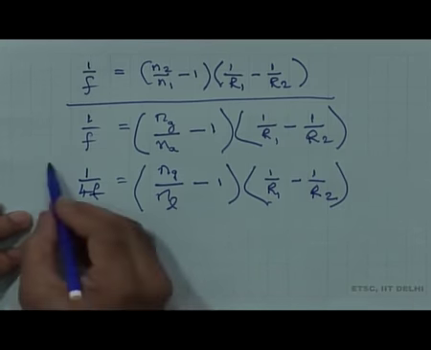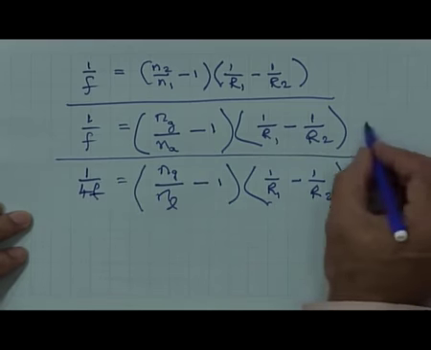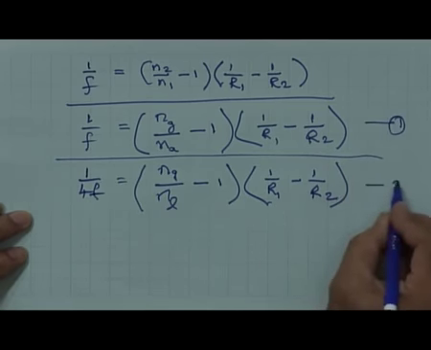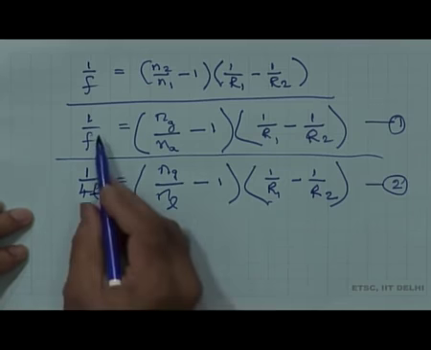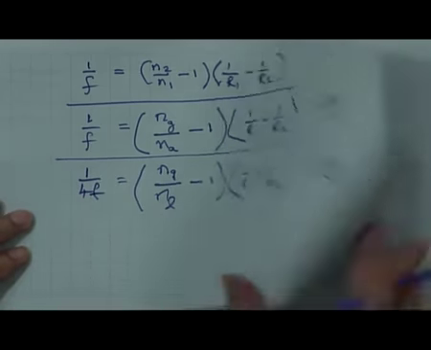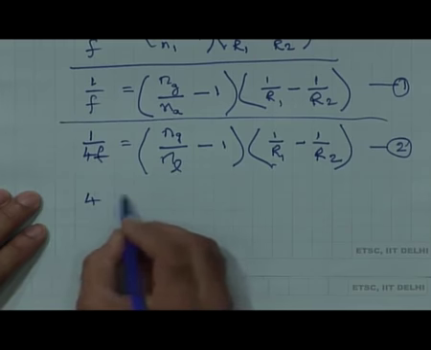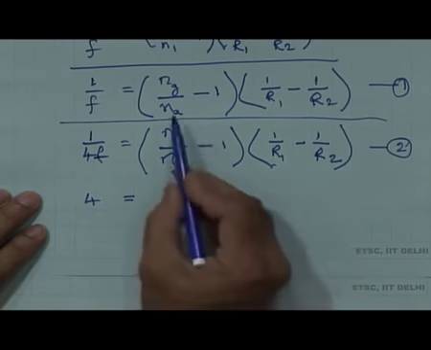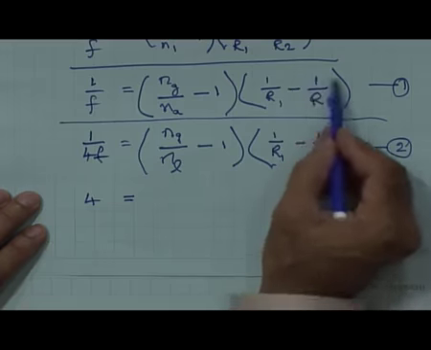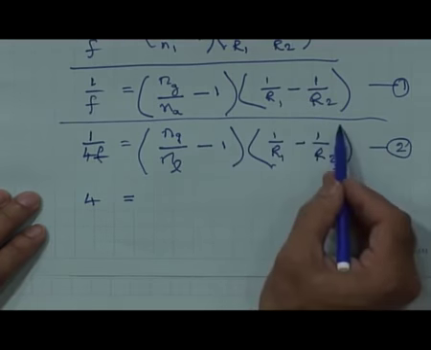Very simple, we simply divide. If I call this equation 1 and equation 2, if we divide 1 by 2, then f cancels, and we have 4 going upward. So we have 4 is equal to, these terms cancel, this bracket completely cancels with this.